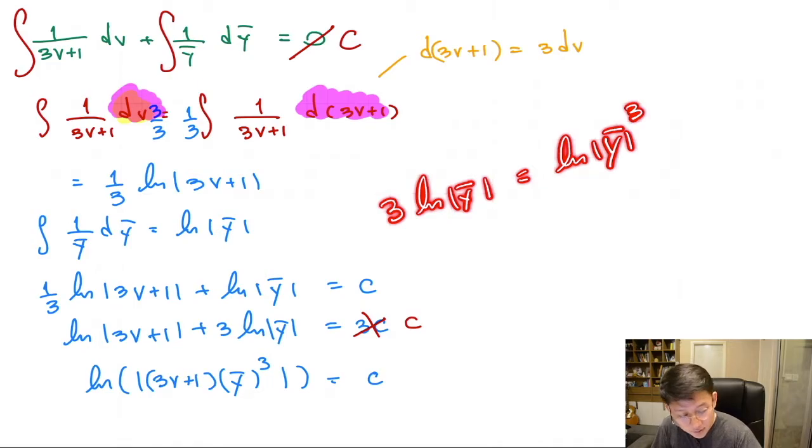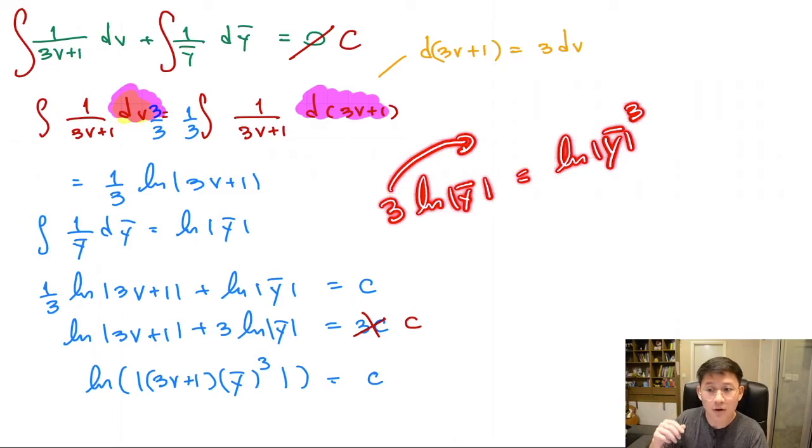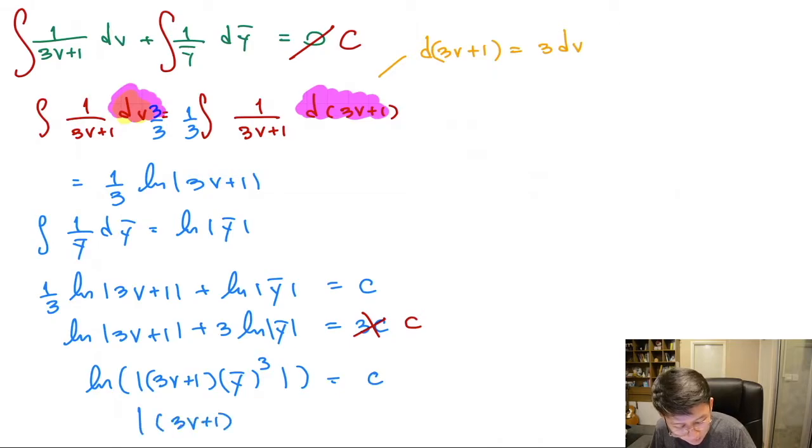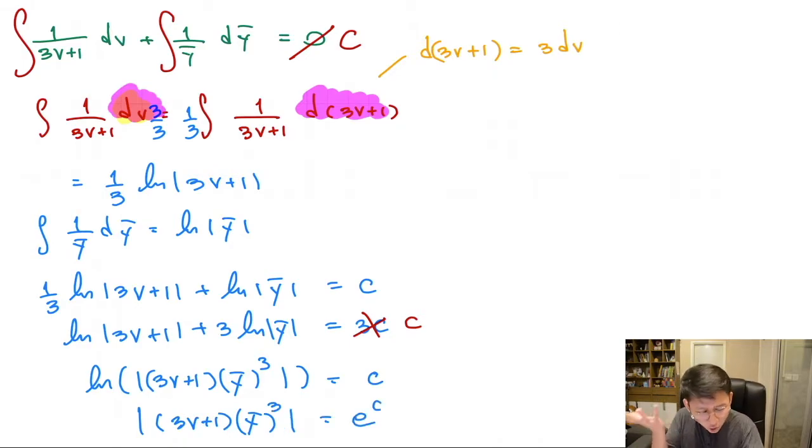Right? You can just push that up here, from the logarithm property. Cool? And as I told you before, if you have the log here, you get that absolute value of 3v plus 1 times y bar cubed equals e to the c, right? But e to the c is actually a constant, so I don't care. I still call it c.